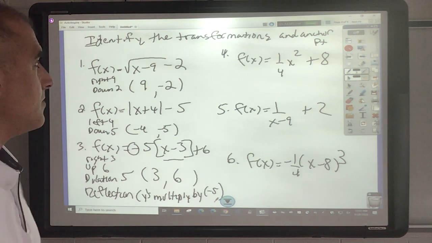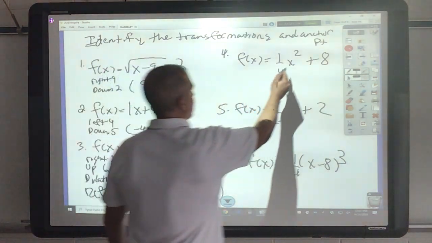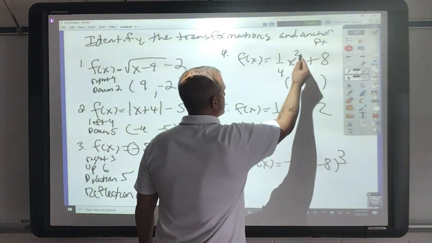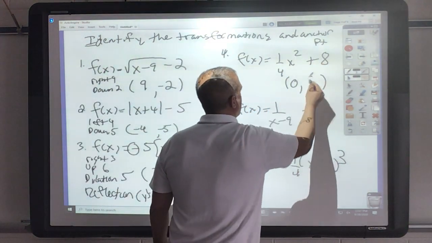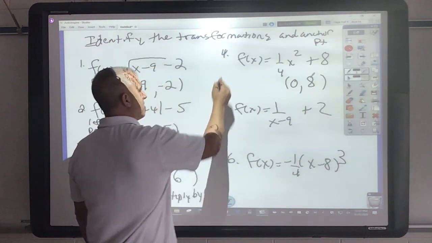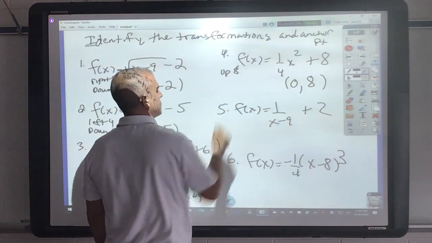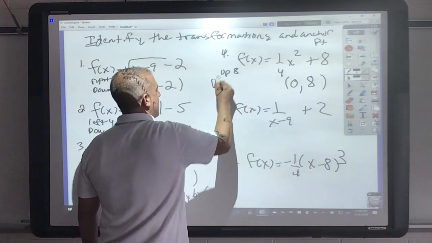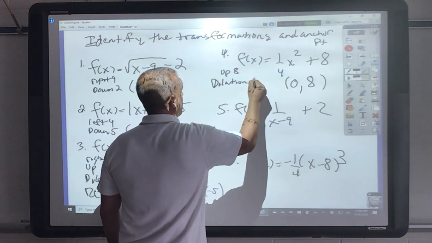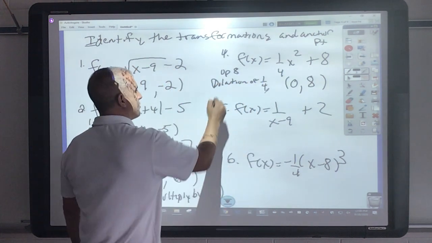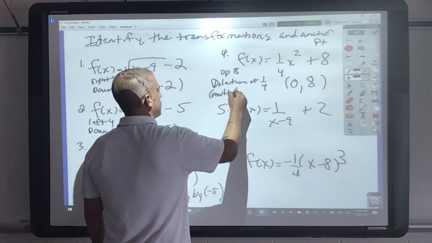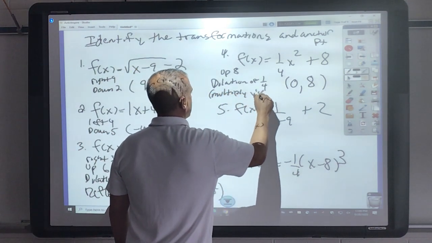Okay? All right, let's go to this one. I got nothing inside of there. There's no parentheses. So I would have a 0, and this would be an 8 right there. So I'm just going to go up 8. Okay? Now that 1/4 is a dilation, so a dilation of 1/4. Okay? So basically I'm going to multiply the y's by 1/4.